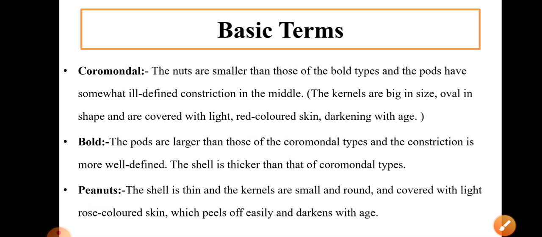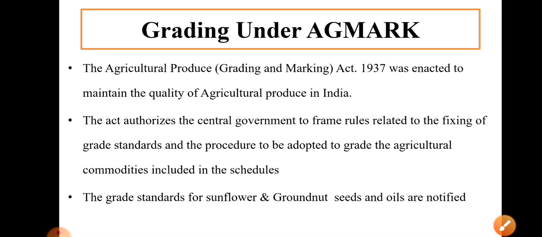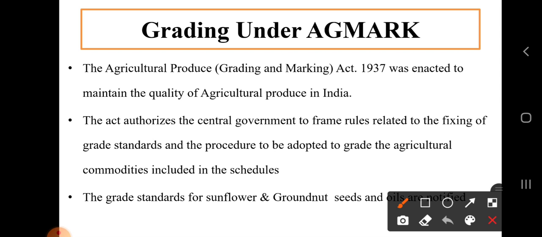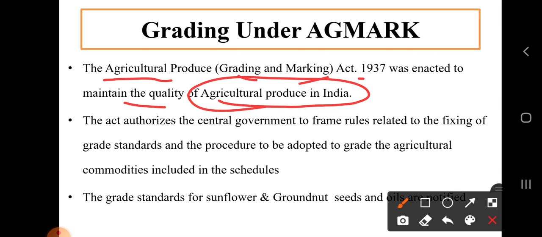Okay, now we'll turn towards what is grading under AGMARK in case of all oil seeds. First, we know the Agriculture Produce Grading and Marking Act 1937 was initiated for the purpose of maintaining the quality of these oil seeds, or all agricultural crops, in India.